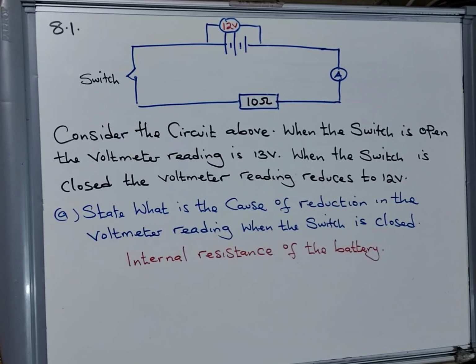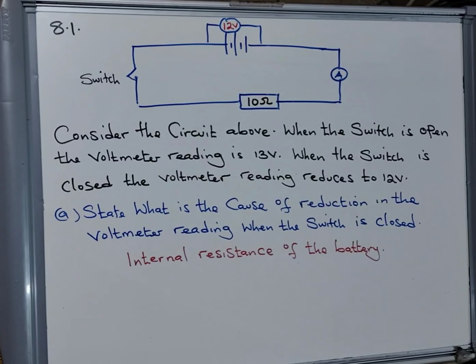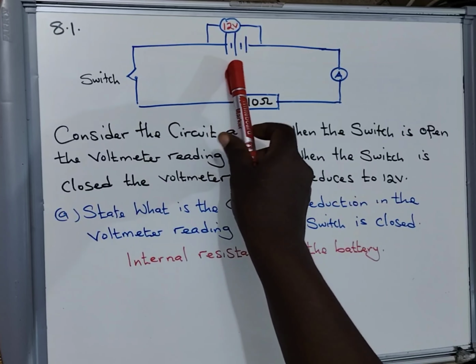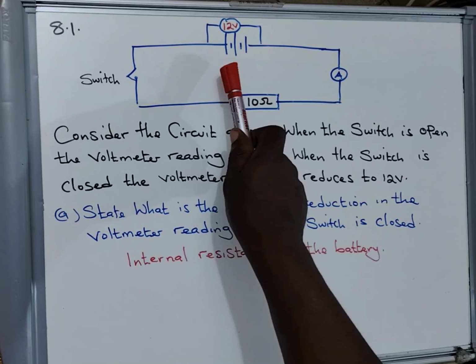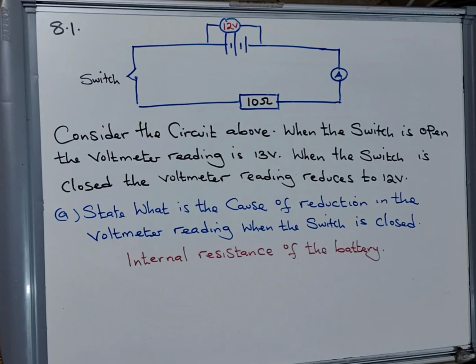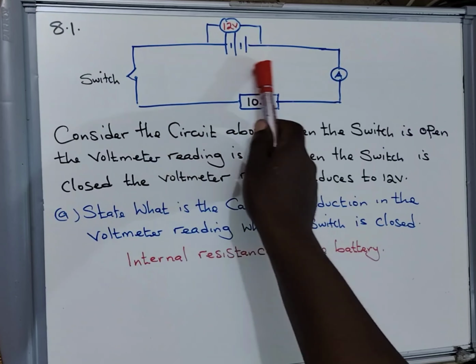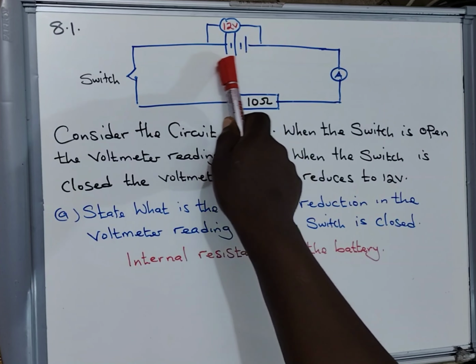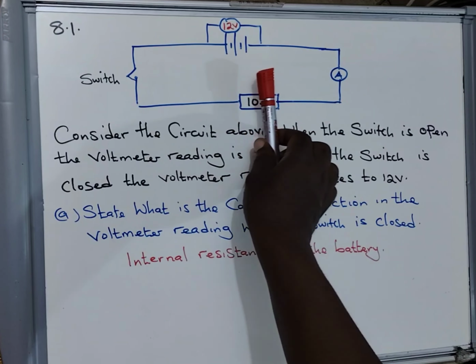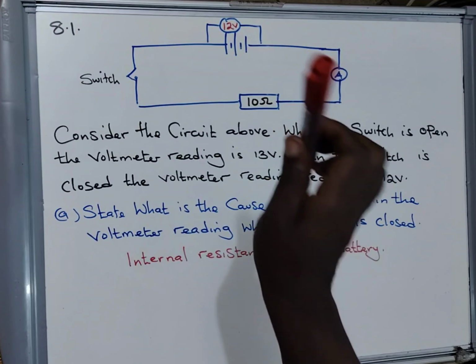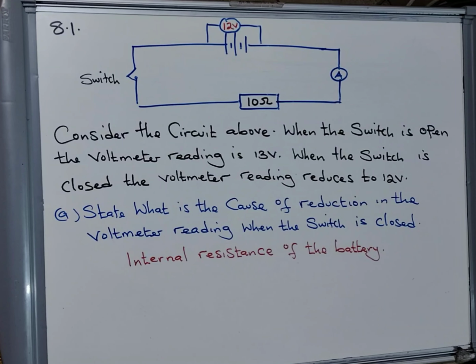So when the battery has internal resistance, there's potential drop caused by current going through the battery. We have to remember that when the switch is open, there's no current going through the battery, so there is no potential drop. But once current passes through the battery and the battery has internal resistance, then there will be potential drop or decrease in the potential difference.